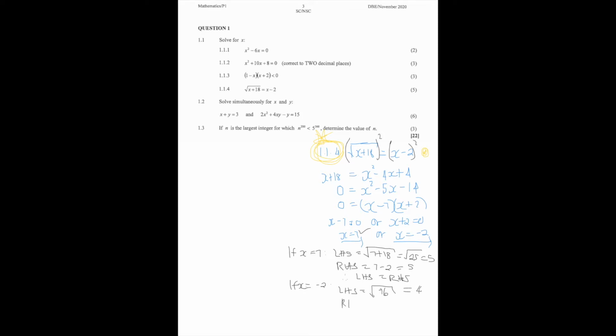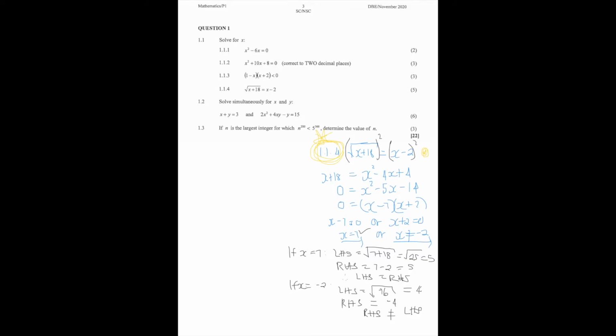And the right hand side will equal minus 2 minus 2, which is minus 4. And we can see that the right hand side is not equal to the left hand side. So this answer of x equals minus 2 is not a valid answer. So your final answer would be x is not equal to minus 2.